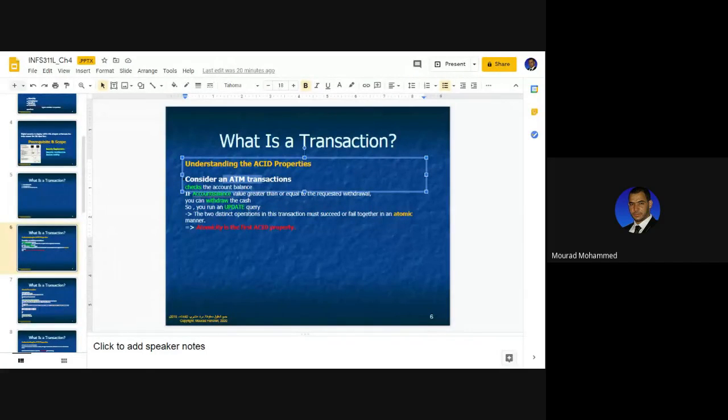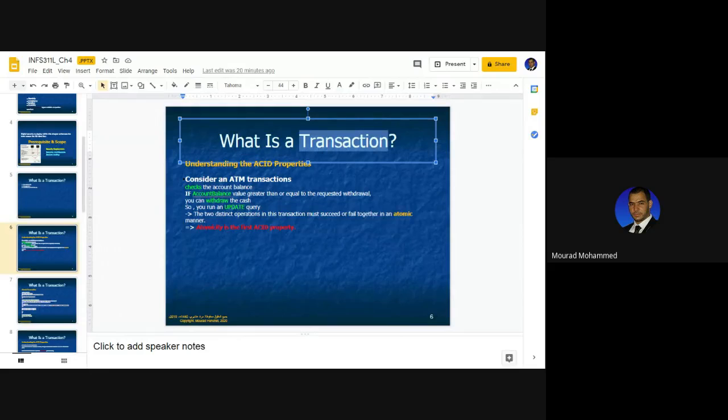Thus, atomicity is one of the properties that we have to ensure is available, respected, and guaranteed within a given transaction, since we are talking about security and a secure transaction.